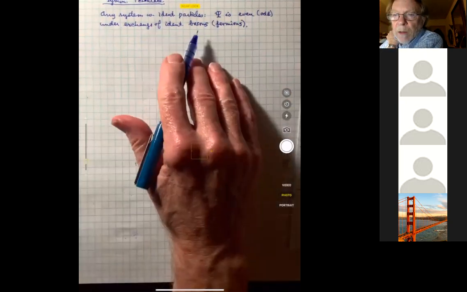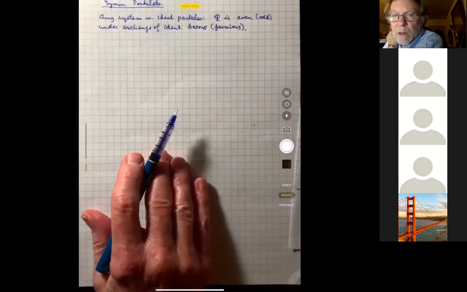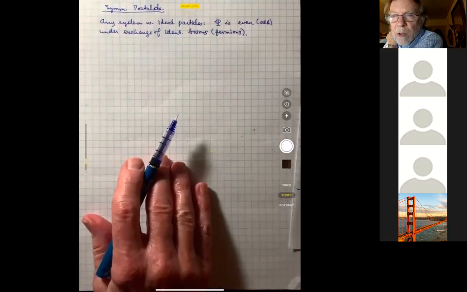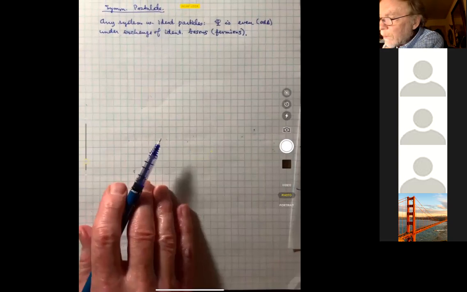A boson, as you know, is a particle whose spin is an integer, and a fermion is a particle whose spin is a half integer. In the case of the carbon-12 nucleus, it was spin 0, so that was the case of a boson. Electrons, of course, are examples of fermions.